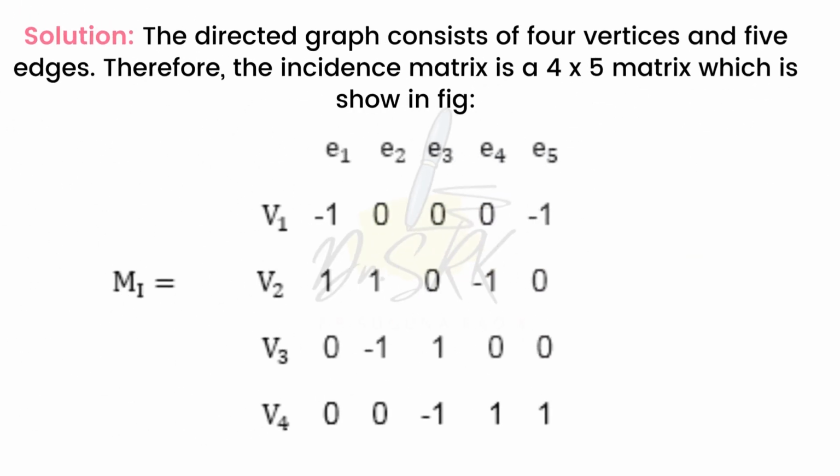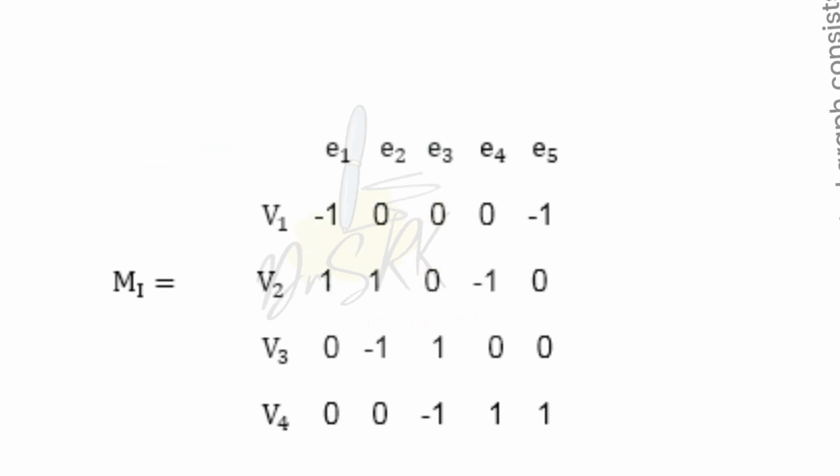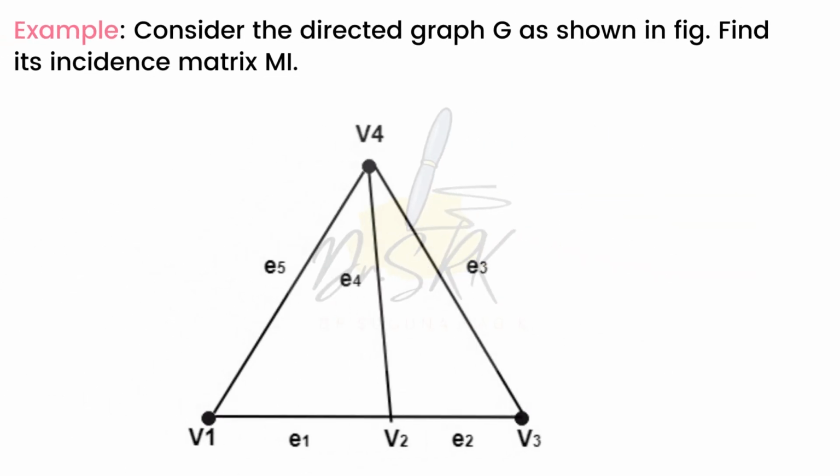The directed graph consists of 4 vertices and 5 edges. That's why we are going to write the incidence matrix as a 4 by 5 matrix, which is given below. Here vertices are represented as rows and the edges are represented as columns. Look at the diagram carefully here.